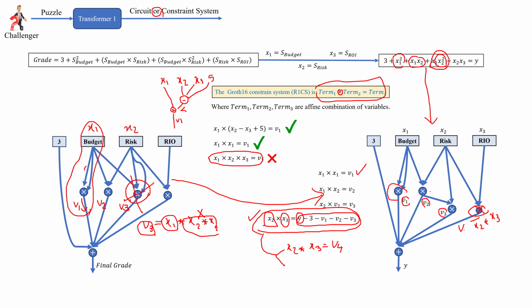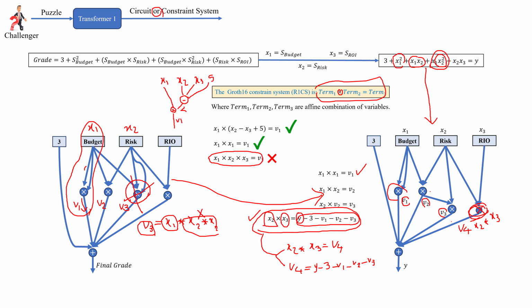This means he has v4 here, then defines the multiplication here, and then v4 equals y minus 3 minus v1 minus v2 minus v3. Something like that. And this is also a valid form if you want to define your puzzle. But the difference is, if you write in this form, you will have 5 constraints or 5 gates.